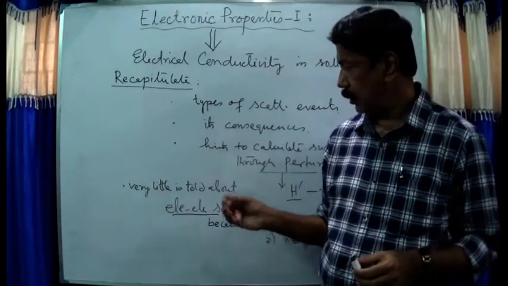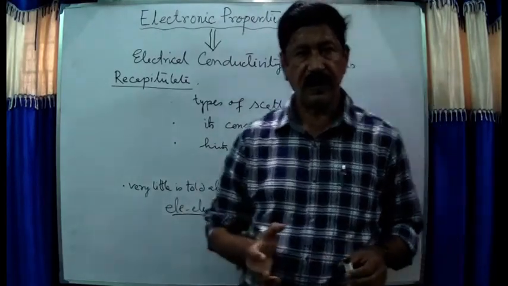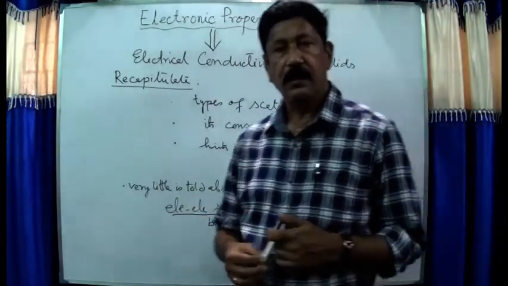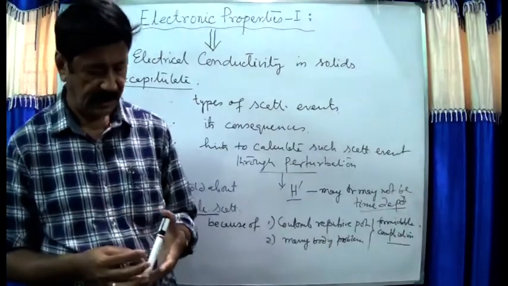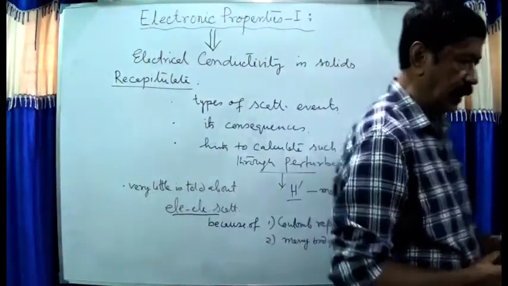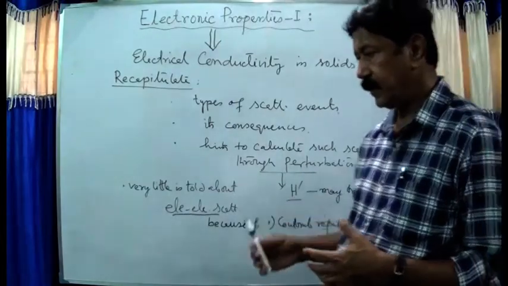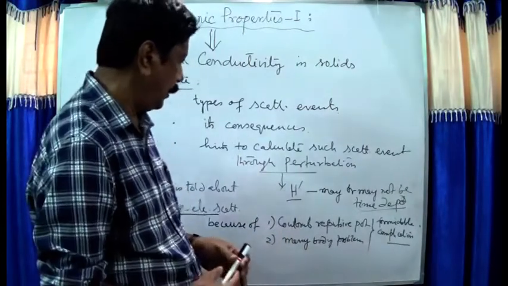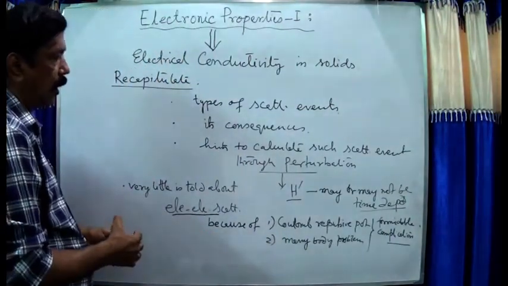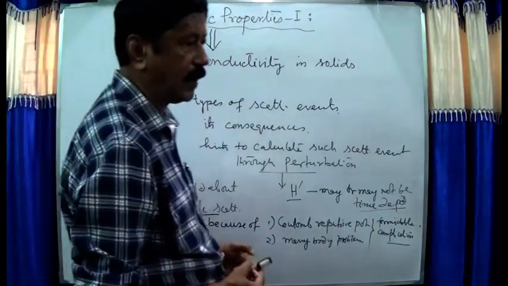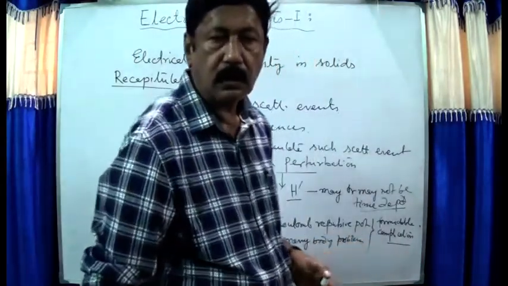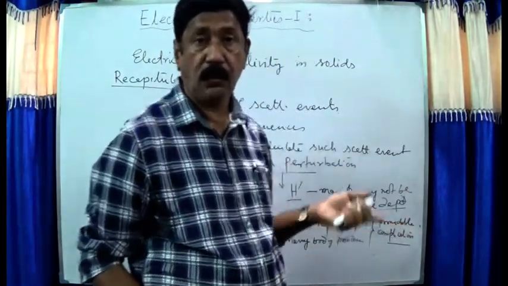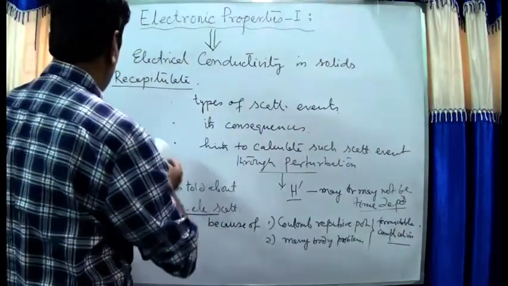So let us leave it for the time being. This is all about the internal scattering phenomena that an electron experiences during its passage through the crystal lattice. Now, after having this knowledge about the internal scattering, we will go over to our second part. So here is the end of our first part. Okay.